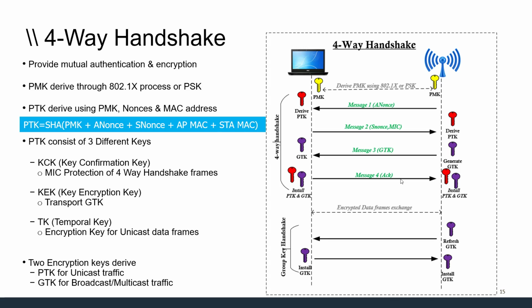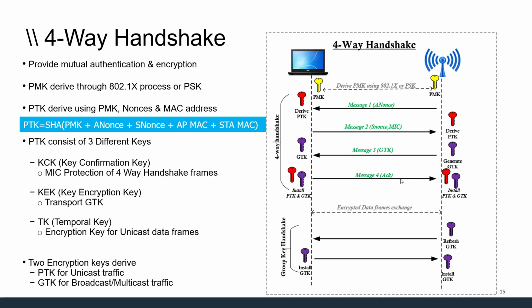So in this process, the key generation, we generate two different keys: a unicast traffic encryption key and a broadcast traffic encryption key. That process is known as the four-way handshake. In this lesson, we will go through how the four-way handshake generates and derives those keys, and later we will go through a packet capture and understand the frame exchanges in this process.